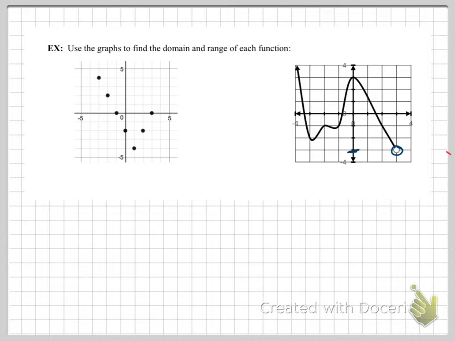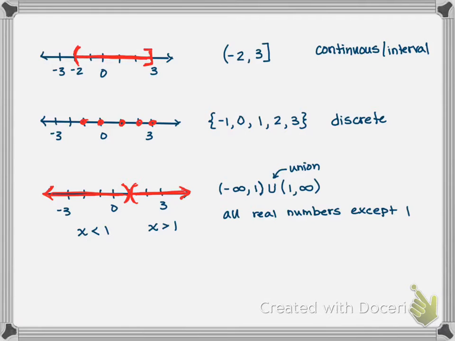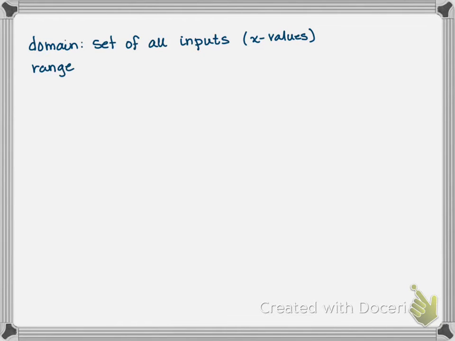Okay, so remember that the domain of a function is the set of all inputs, which on a graph is all of the x values that correspond to a point on your graph. And the range is the set of all outputs. And again, on a graph, that's just all your y values.